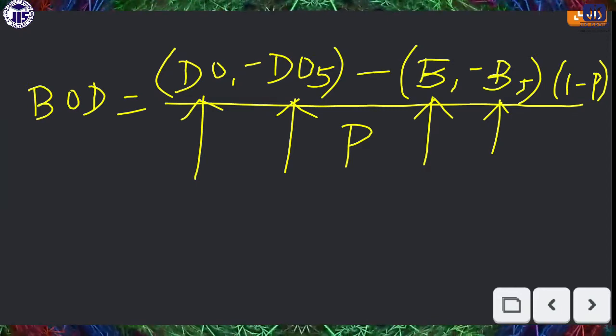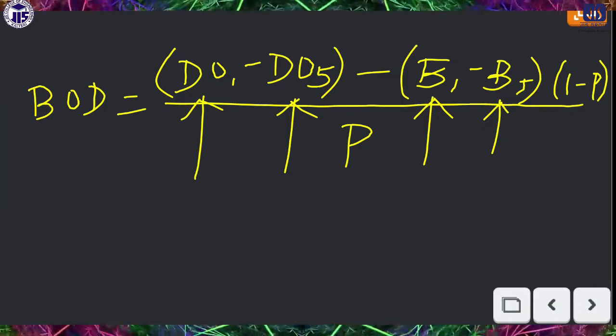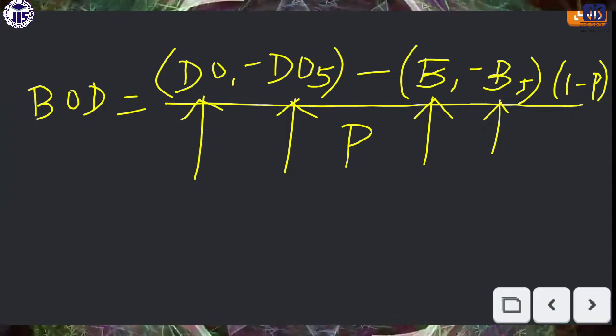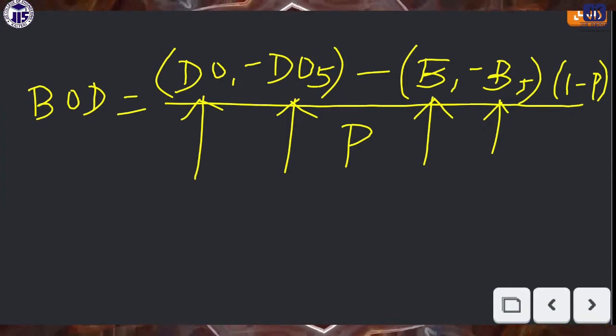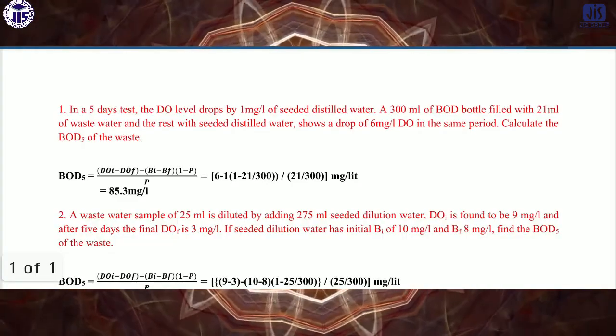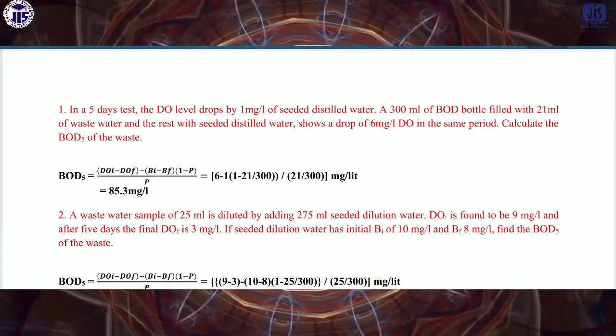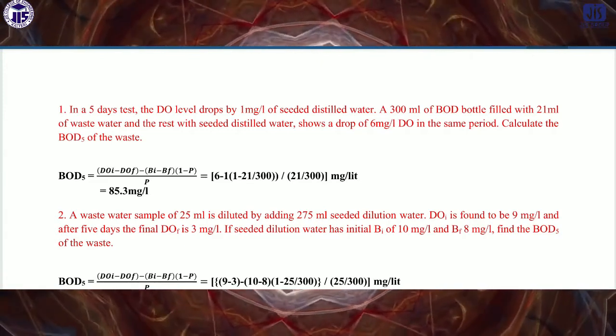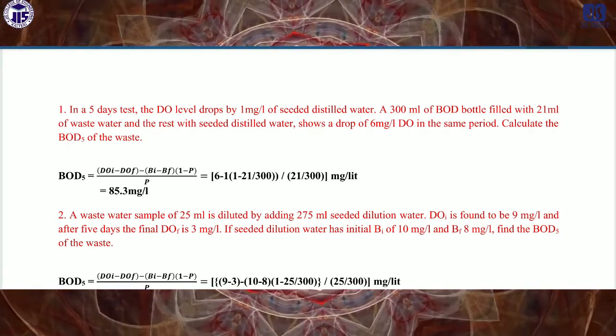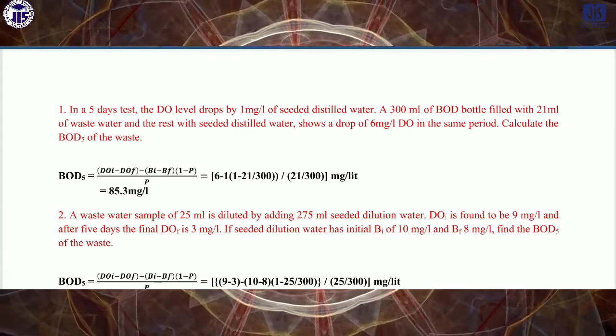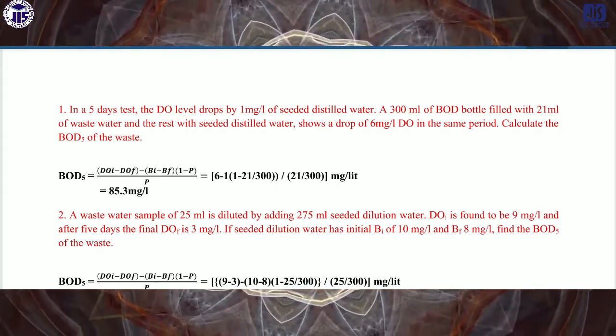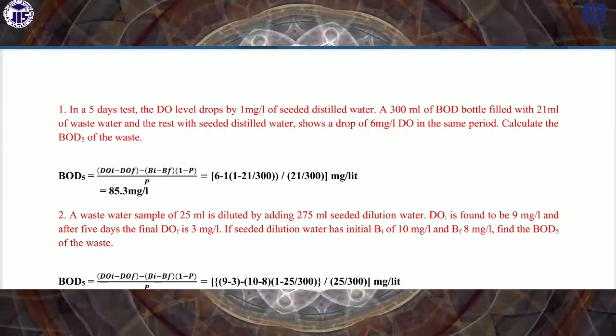Now I will discuss one numerical problem, then it will be more clear to you. Okay, now we'll solve one numerical problem. If you solve these two numerical problems, the concept will be more clear. Look at the first numerical problem.